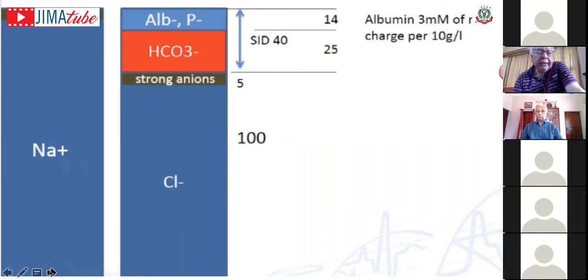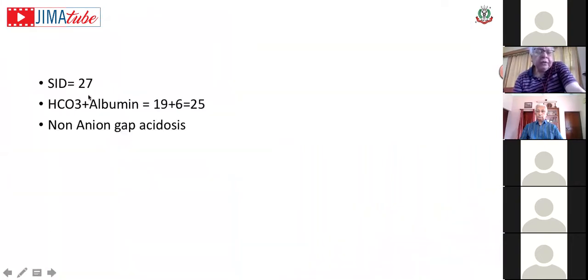So if we take this patient, the strong ion difference was 27. So I have to explain this 27 by bicarb and albumin. This patient's bicarb was 19 and albumin was 2. So for each gram of albumin, I have to add 3 milliequivalents. So 6, so 25. So this becomes non-anion gap acidosis.